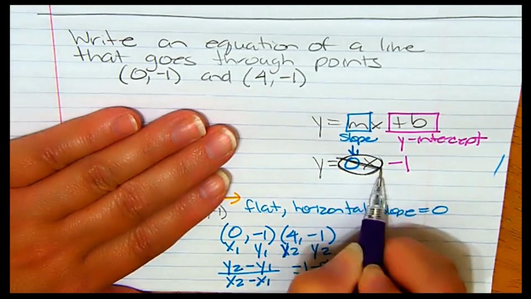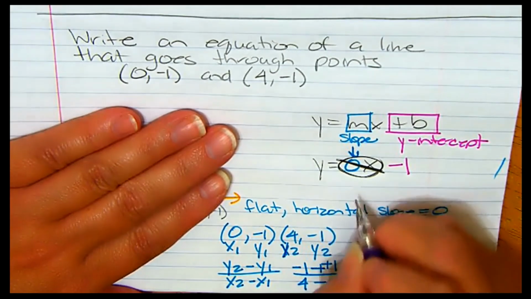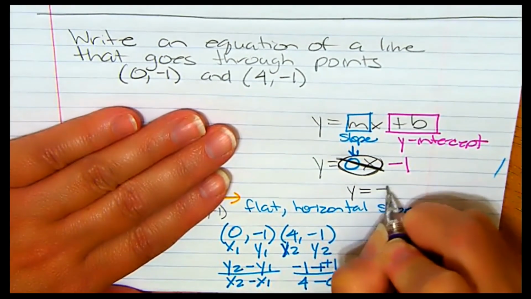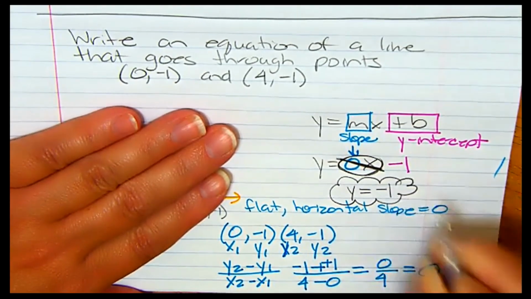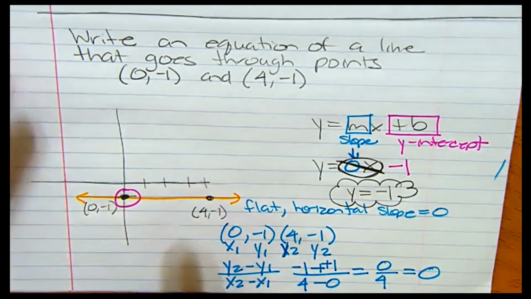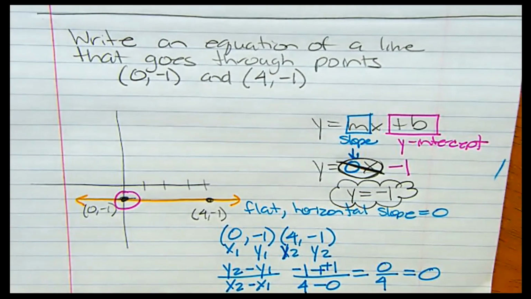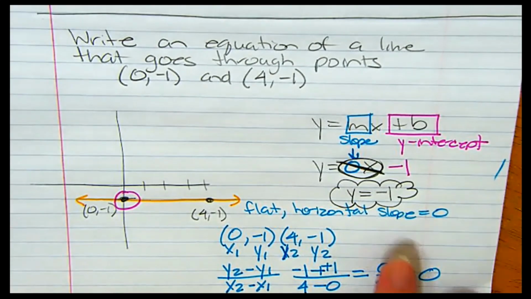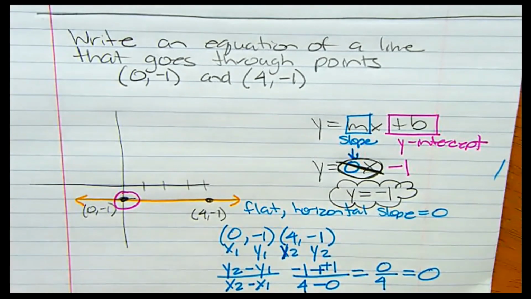So it kind of cancels. And I'm left with y equals -1. This is the equation for this line.